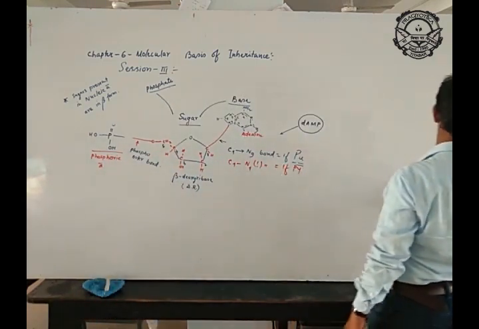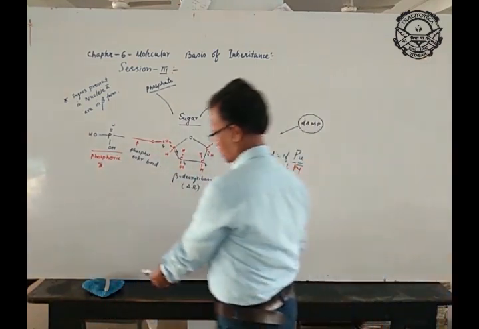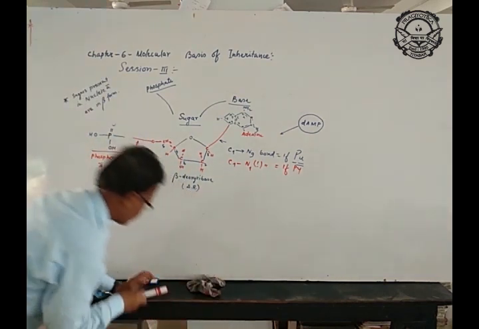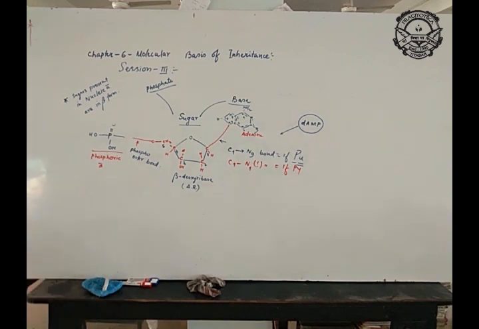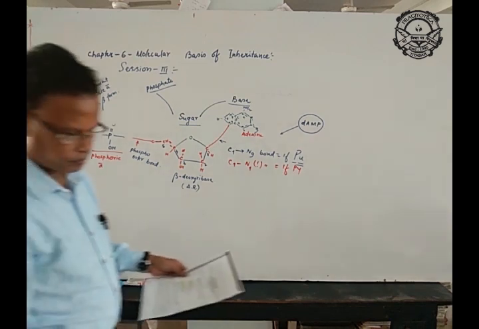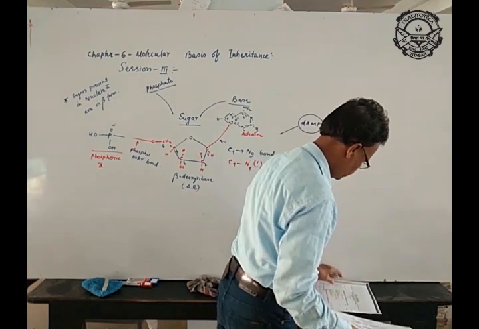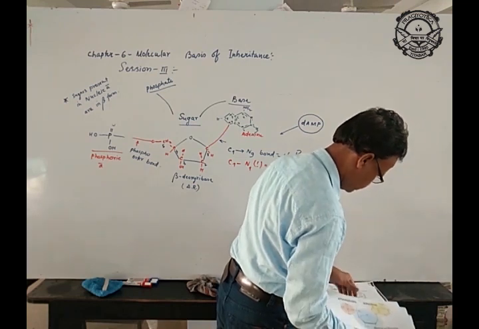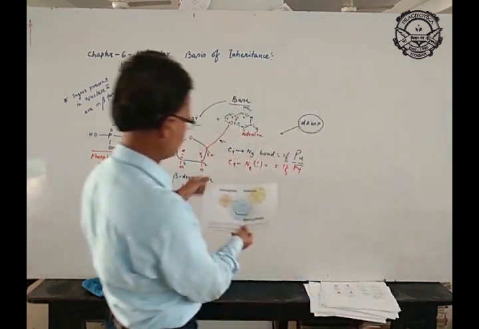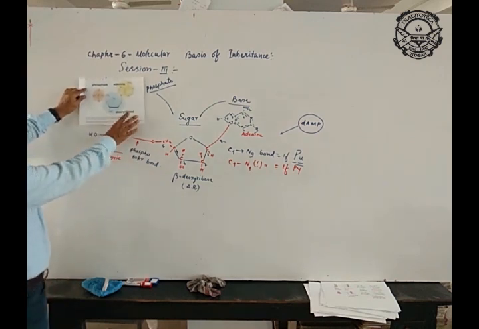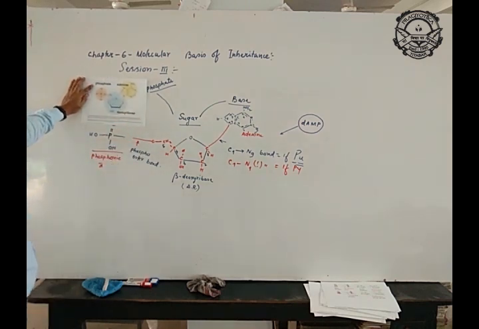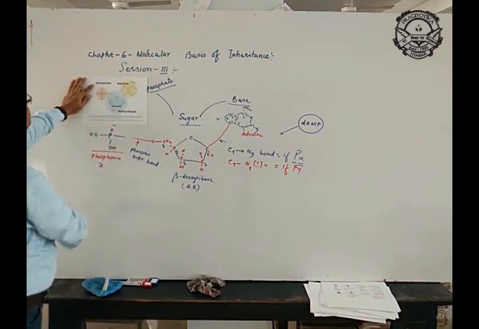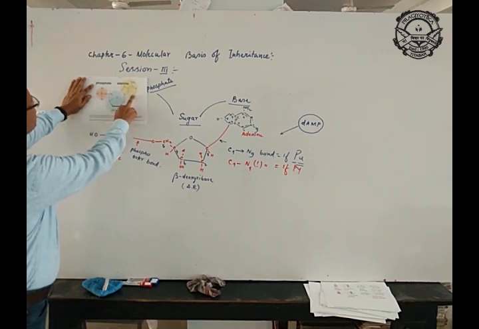Let's look here at the nucleotide structure. Deoxyribose sugar is this, phosphate group is this, adenine base is this.